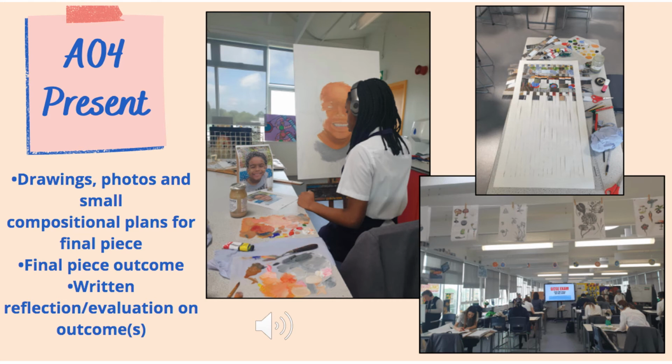As you can see in the photographs, you will be given a day off timetable in Year 11 to be able to present these ideas in one final outcome. Okay, this can also take form, and you will gain marks in your drawings, photos and small compositional plans for this final piece, your final piece outcome, and then your written reflection and evaluation on your outcome as well.